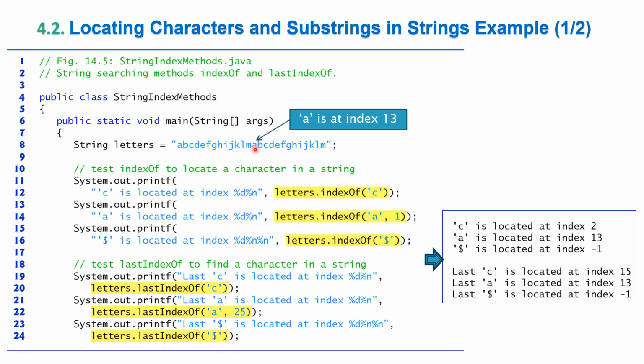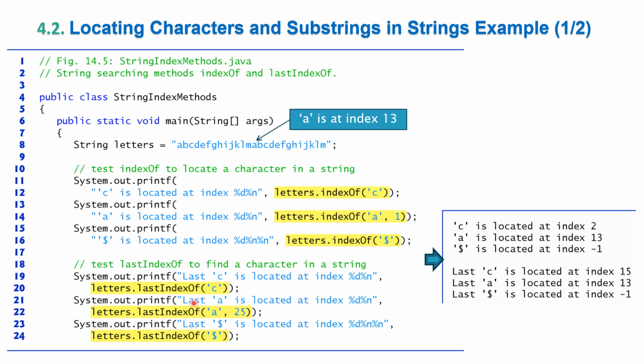That index is 13 as shown in the output. The third call uses the 1-argument version, passing the $ sign character as the argument. There's no $ sign character in the string letters, so this call to method indexOf returns -1.